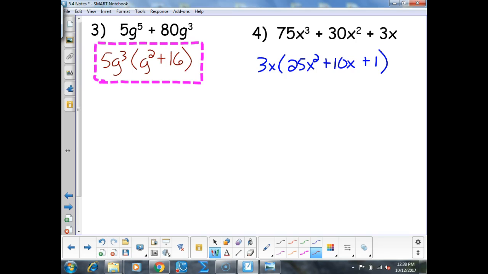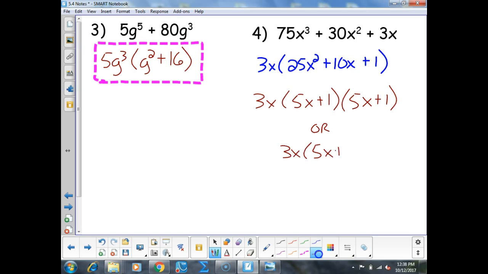What does it factor to be? 5x plus 1 and 5x plus 1. Now, I would accept this as an answer. I would also accept, because the 5x plus 1s are the same, that as an answer.